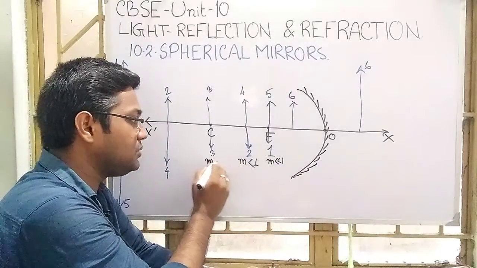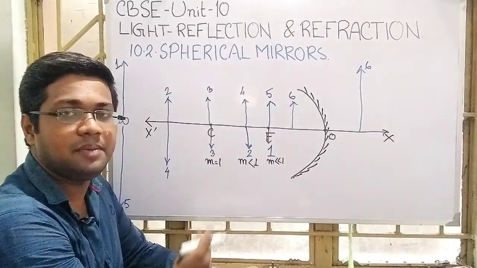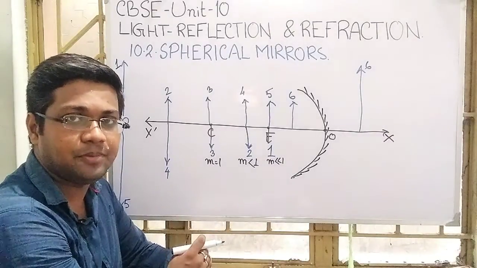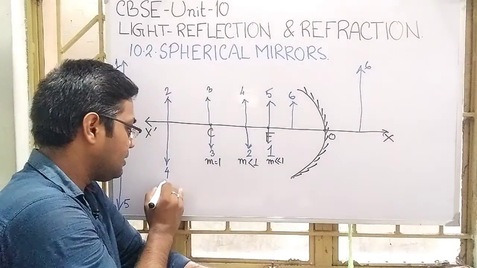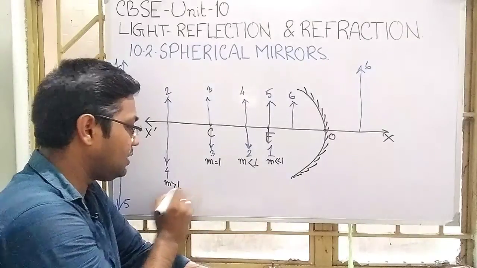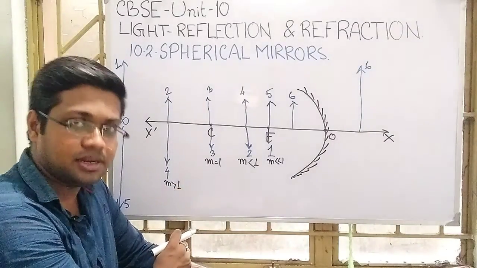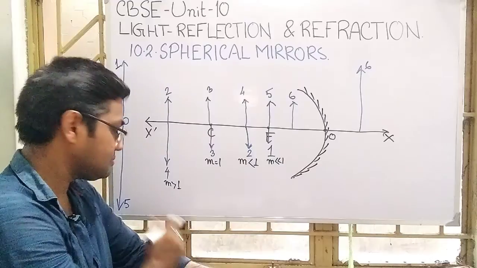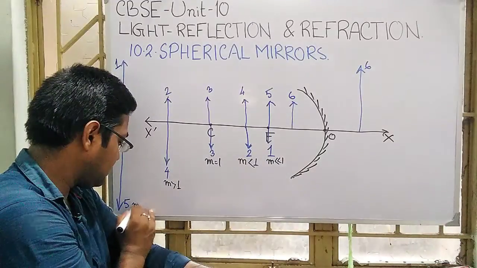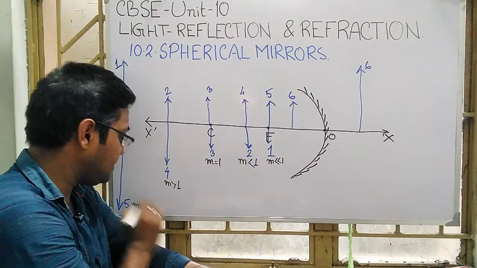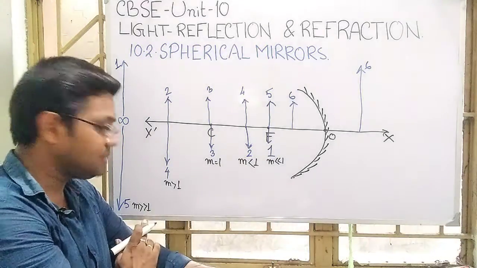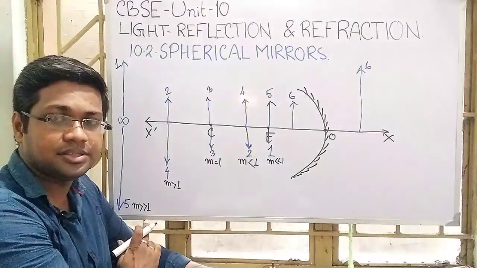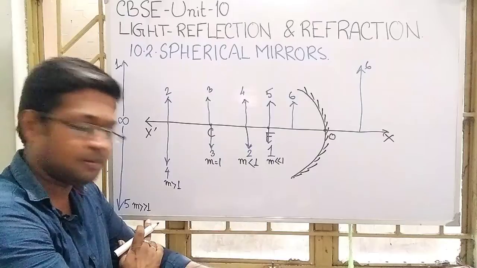M is equal to 1: the object length and the image length are completely equal. M is greater than 1: the size of the image is greater than that of the object. M is very much greater than 1: the size of the image is very large compared to that of the object.